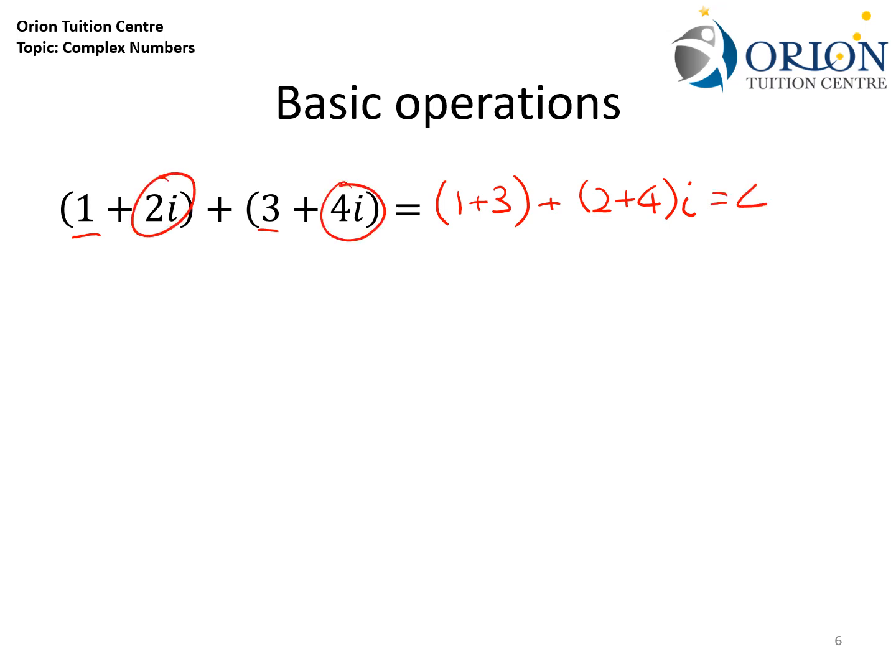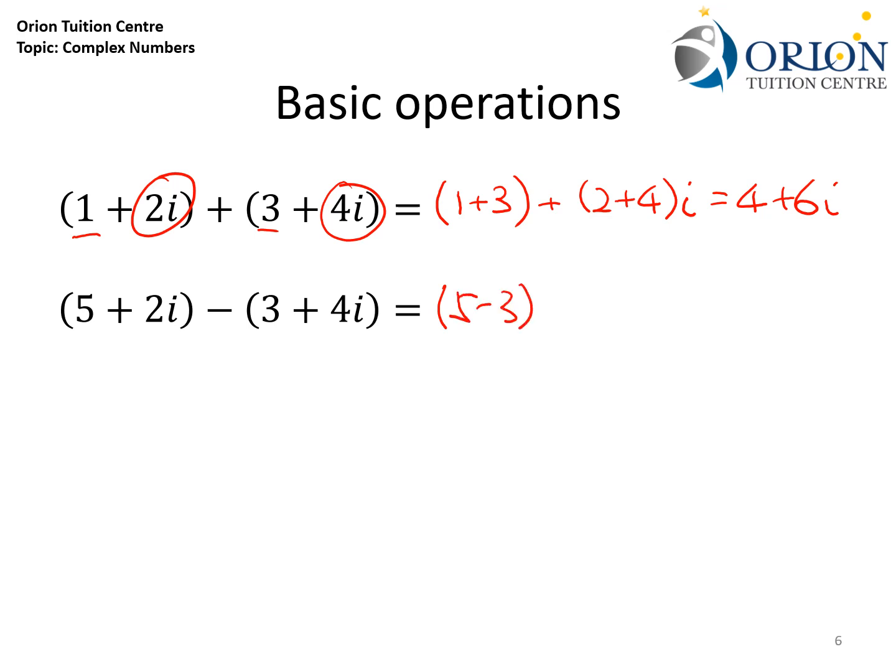And this gives us 4 plus 6i. Likewise, for subtraction, we can simply take the difference between the real and imaginary components separately. And thus, for the subtraction of 5 plus 2i and 3 plus 4i, it is the same as calculating 5 minus 3, plus 2 minus 4 times i, which gives us 2 minus 2i.